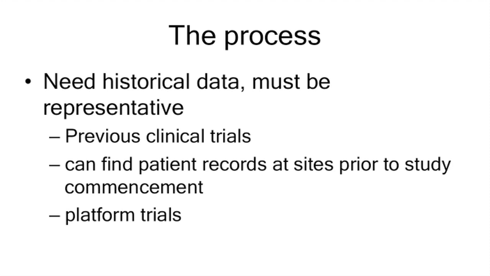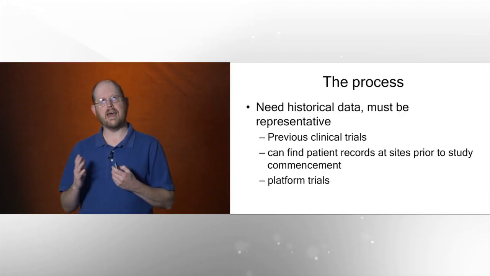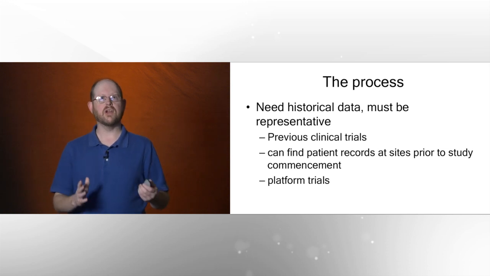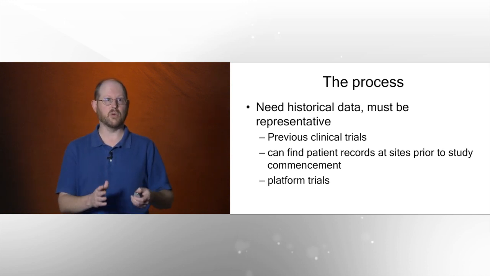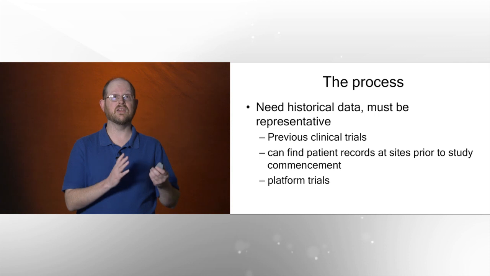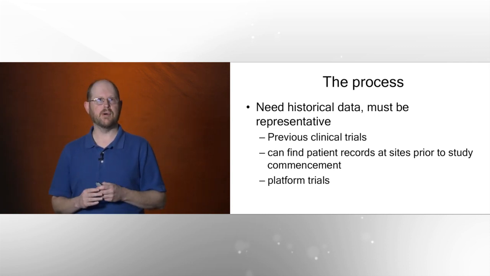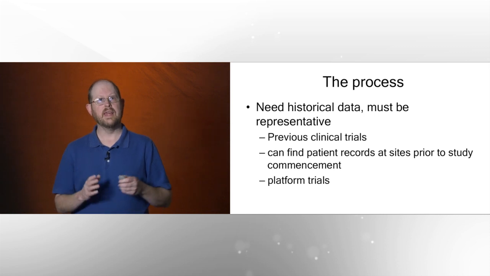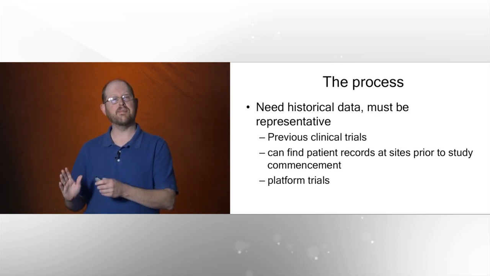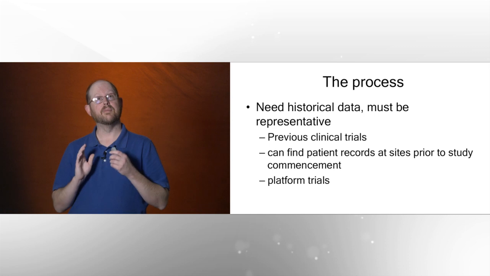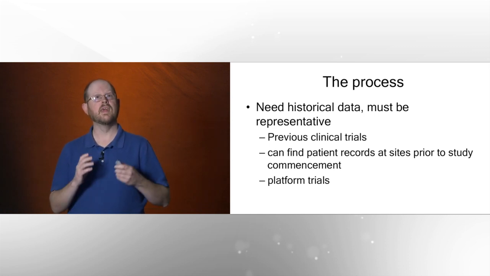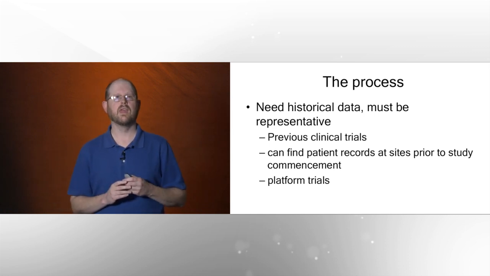You can also find records at the sites where you're going to go. So if your trial is going to happen in a year, you could start now and go to the sites and say, look, we want to compare to standard of care today. So start collecting data and give us an idea about what the control group's going to look like. It's not as good as the controls that happen at the same time as the treatments, but it's information that we can use to make better decisions in the future.